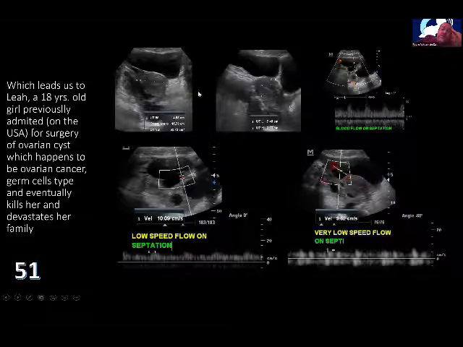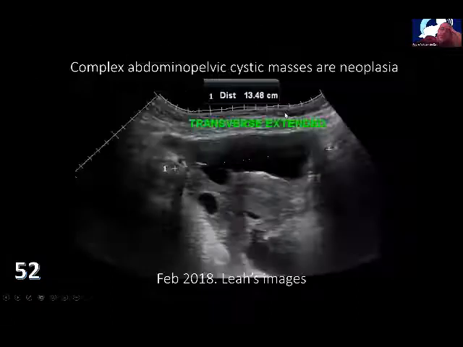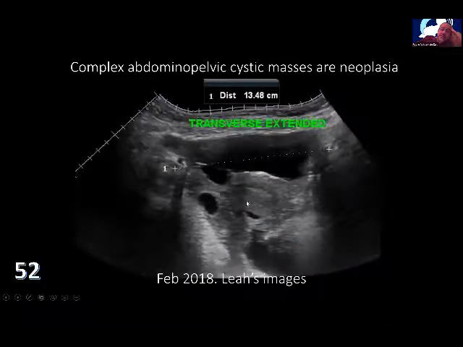We have a complex, big thing surrounding the whole uterus, which on the transverse view extended looks like the bladder, and it's not the bladder, with an extension to the right adnexa.